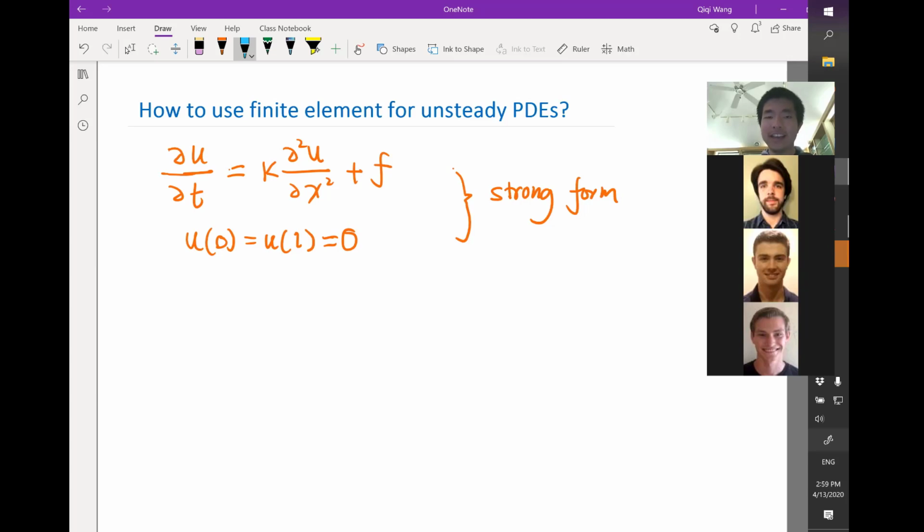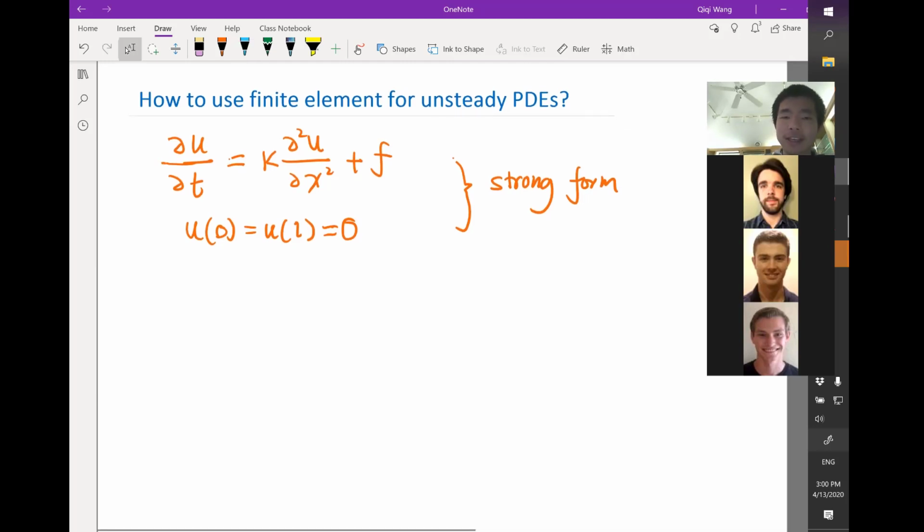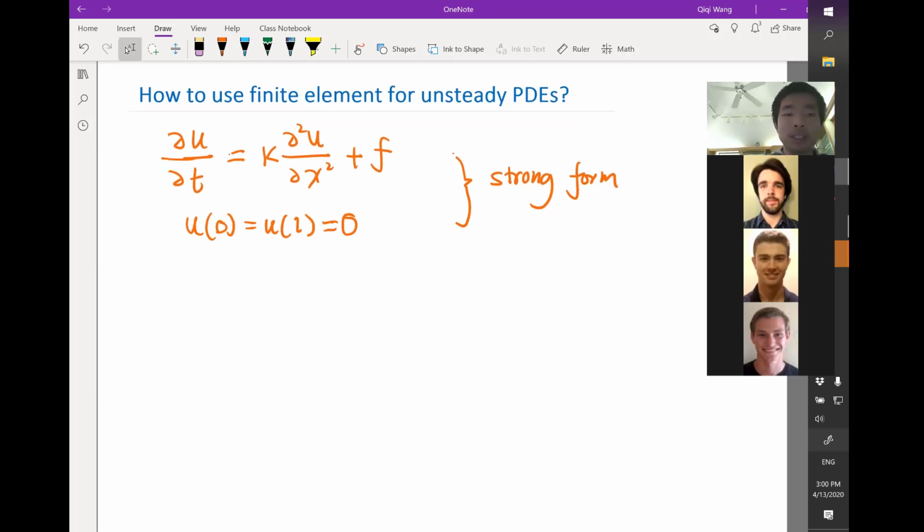Multiply everything by the test function? Yes, the first thing in deriving the weak form from the strong form is to multiply the whole equation by an arbitrary test function v. So if the equation is true, then the equation multiplied by any test function v is still true, right?